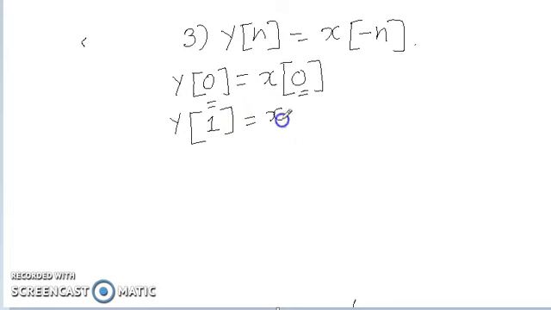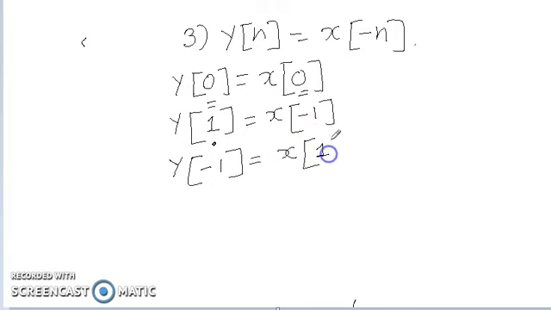So what are we getting? The output of the first instant is dependent on the previous instant. So from this also we may consider that the system is causal. Let's check it with -1. Here it becomes +1.